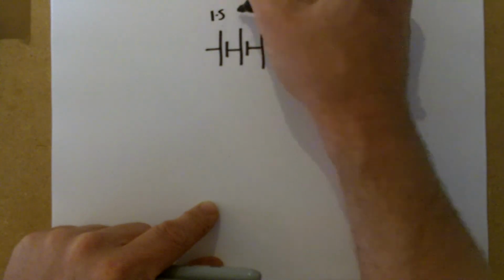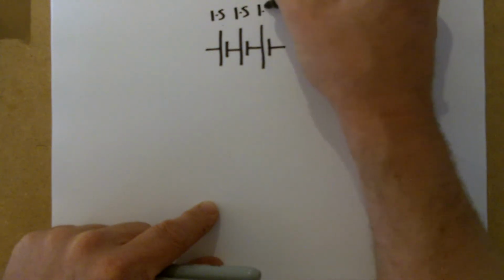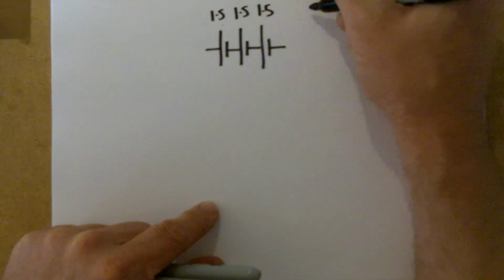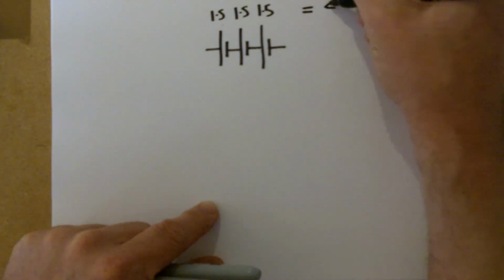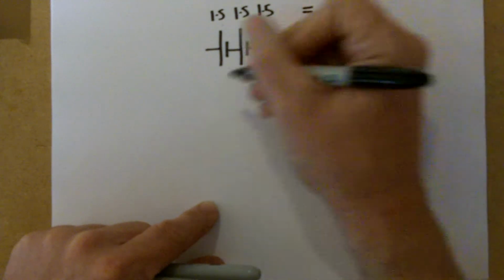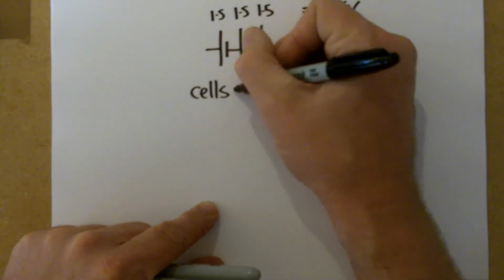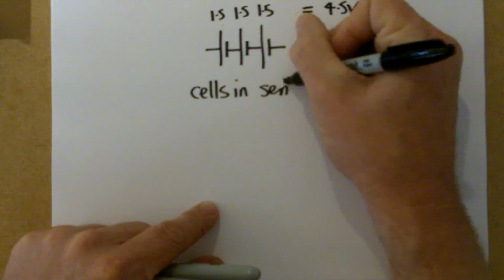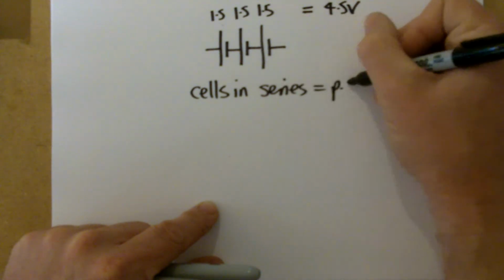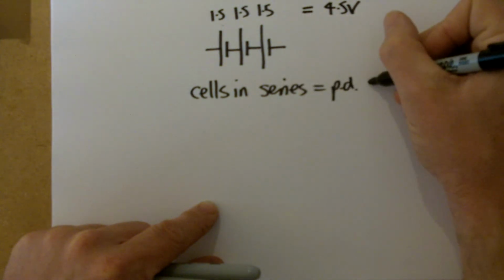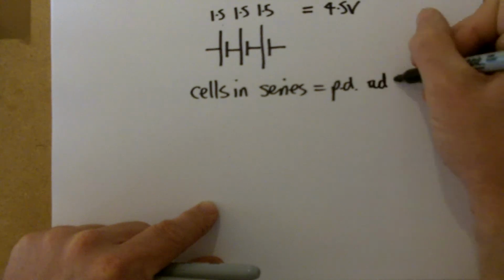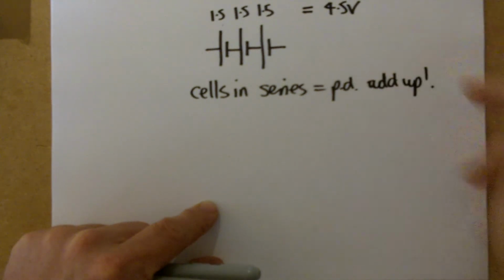So if these are all 1.5 volt cells, which is the standard PD for a cell, then the total PD from there is 4.5 volts. So cells in series, PDs add up. No surprise.